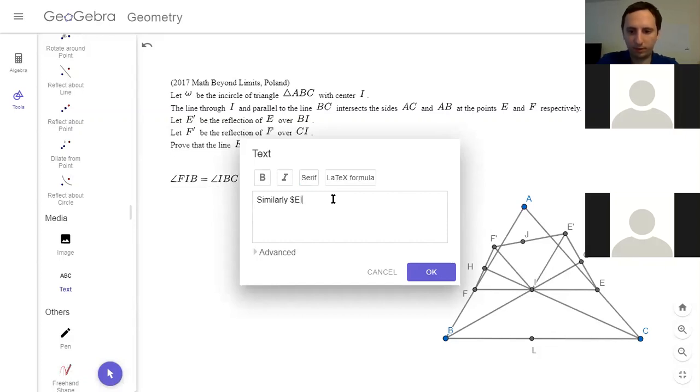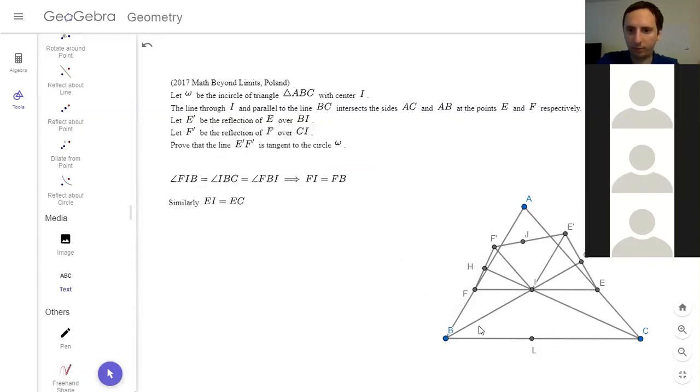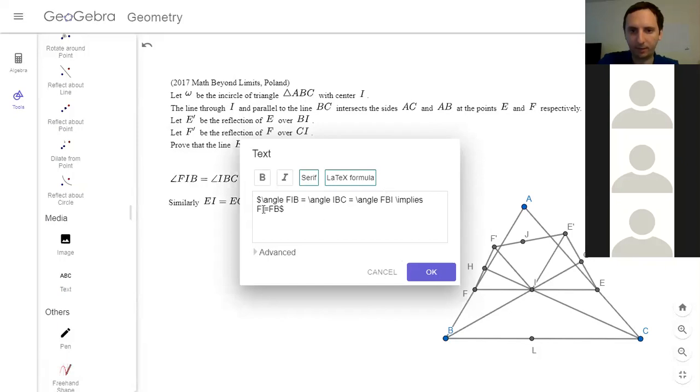So I'll write this like this: FB equals FI equals F prime I, and similarly EC equals EI equals E prime I.